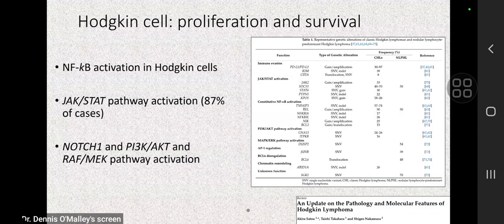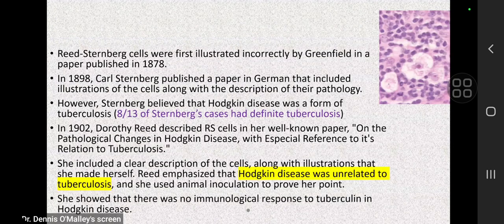In other words, they went back, they stained his cases for tuberculosis, and sure enough, they actually had tuberculosis in them. So what we probably can't appreciate here, and probably in some places in less developed nations, is that tuberculosis is endemic. How Hodgkin discovered this was not tuberculosis is kind of the amazing thing, because look at Sternberg's cases.